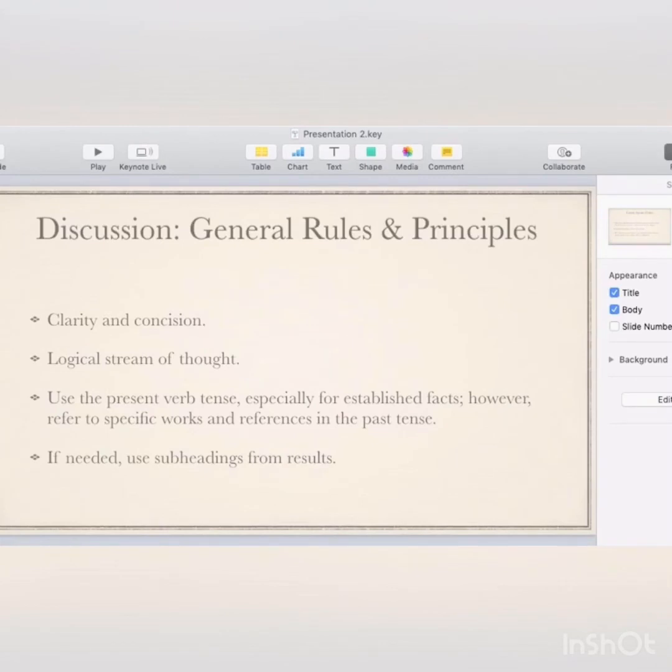There are a few rules and principles which we must apply in the section for the discussion. Again, like the results and like the abstract, clarity and concision are an absolute must. And also, like any composition, the discussion must follow a logical stream of thought, and there must be a logical flow of ideas whilst writing the discussion.